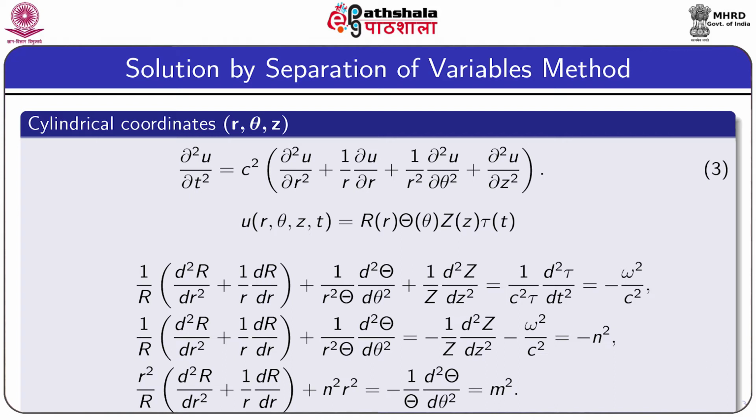Again we are separating the function of r and the function of theta in the last line. So, it becomes r square by capital R into d2R/dr square plus 1 by r dR/dr plus n square r square equals minus 1 by Theta d2Theta/dtheta square, which is equal to a separating constant m square.